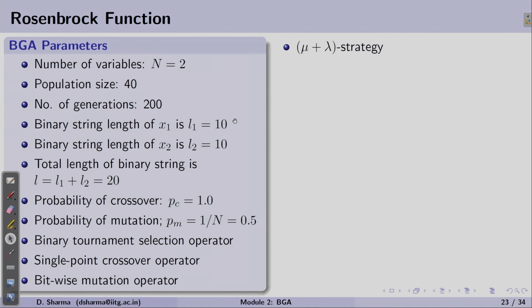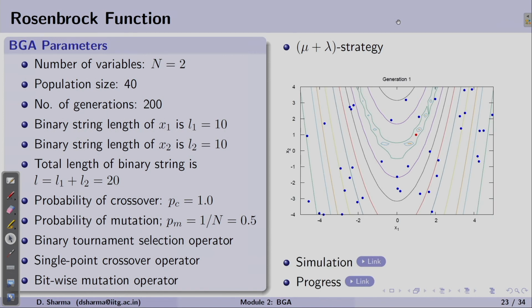So, for x1 we are taking a binary string of length 10, and for x2 a binary string of length 10 as well, so the total is 20. The crossover probability is kept the same, which is 1, mutation probability 0.5, and we use the same set of operators: binary tournament selection operator, single point crossover, bitwise mutation and mu plus lambda strategy.